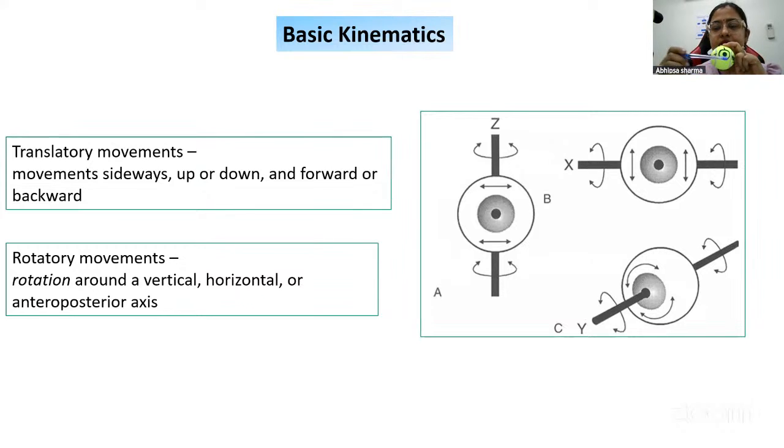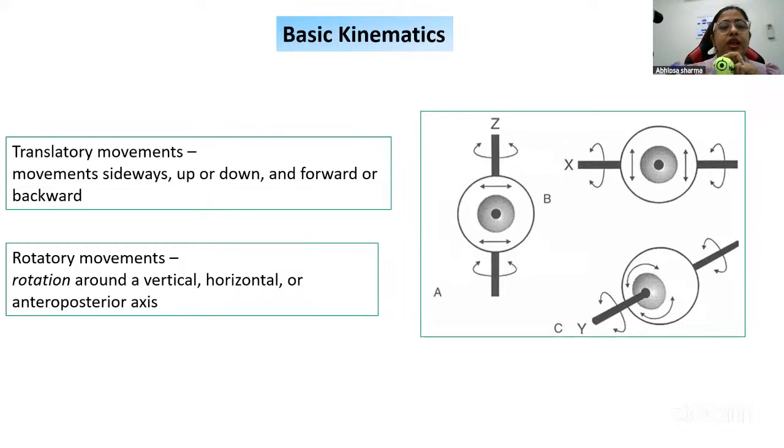The second is the x-axis or the horizontal axis around which the eye can move up or down. And we have a third axis, the anterior-posterior axis, which you can see in the third diagram, and around this there is a possibility of rotatory movements.